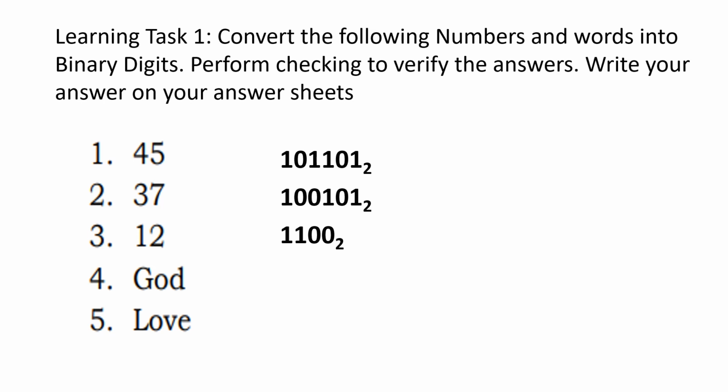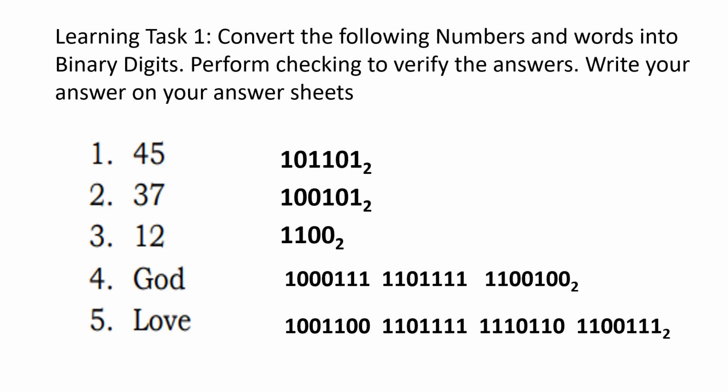Okay, for letter G, the equivalent in binary is 1000111. For small letter O, that is 1101111. And for small letter D, it is 1100100 base 2. For love, capital letter L is equivalent to 1001100.